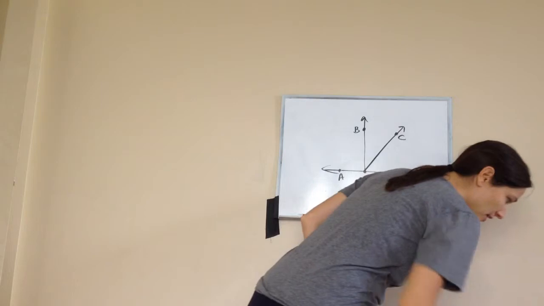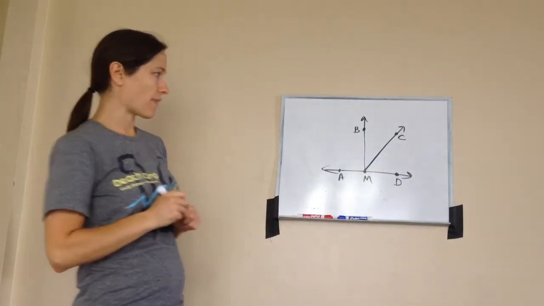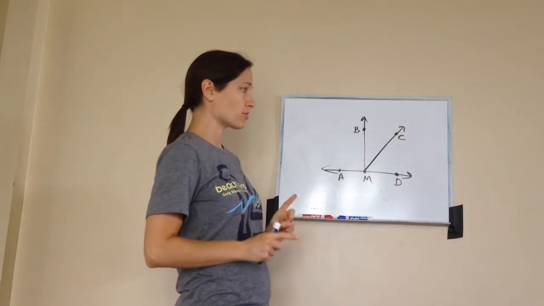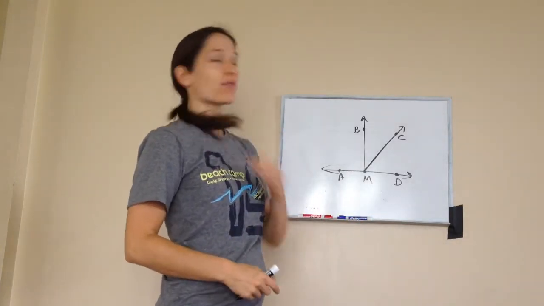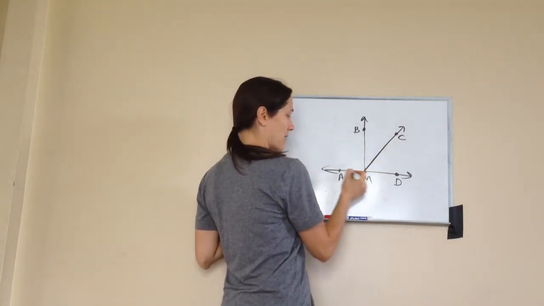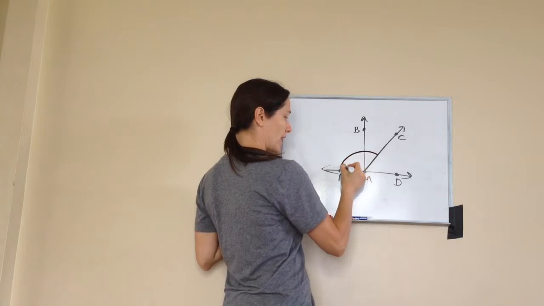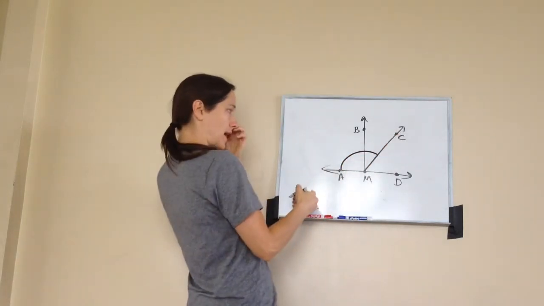Now, they're asking us to name the obtuse angle. So look at that figure and see if you can find the obtuse. Now remember, obtuse means it's a fat angle, and it's greater than 90 degrees. Hopefully you see that this angle right here, CMA, is our obtuse angle.